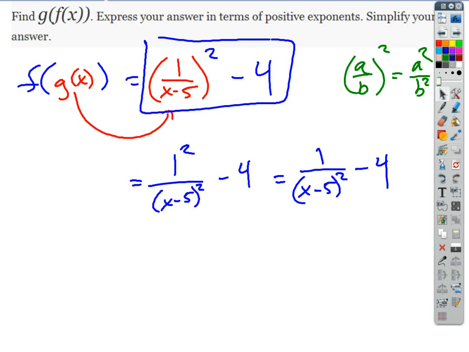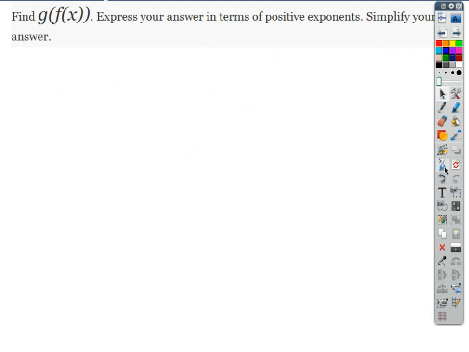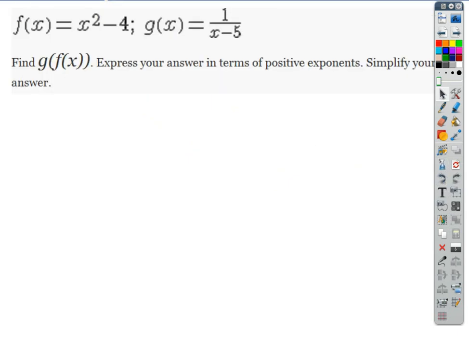Oh, I know one more I want to do with that, real quick. This is a little strange, but what's f of f of x? Whatever I'm feeding into the f, I'm squaring and then subtracting 4, right?